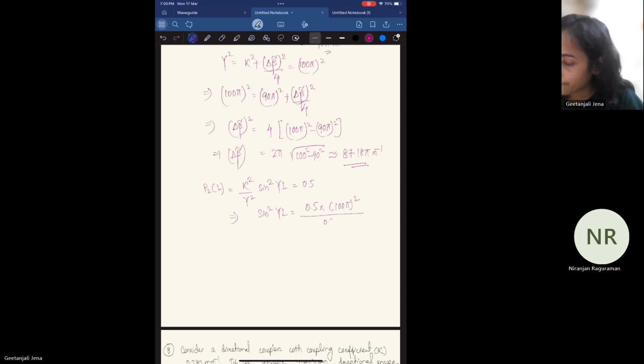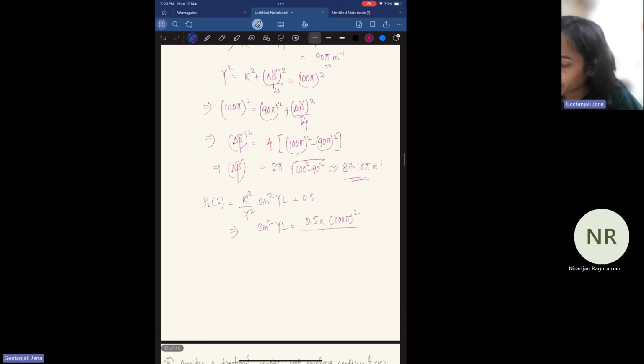So what is the value of kappa? It is 90 pi. If you take the square root, sine gamma L is 10 by 9 times the square root of 0.5. So L will be 1 by gamma times sine inverse of 10 by 9 root over 0.5.